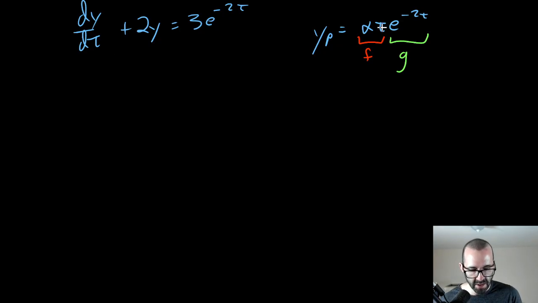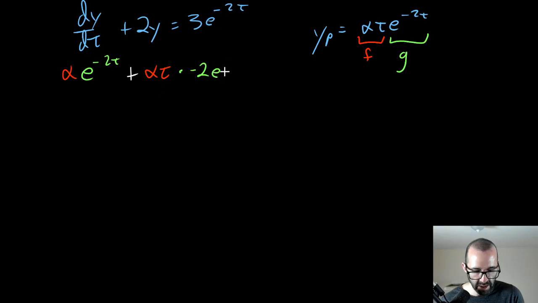And when we do that, f prime is just alpha times g, e to the negative 2t, plus f, which is alpha t, times g prime, which is negative 2 e to the negative 2t. All right, and then we still have the plus 2y from before. What was y? It's all of this stuff.